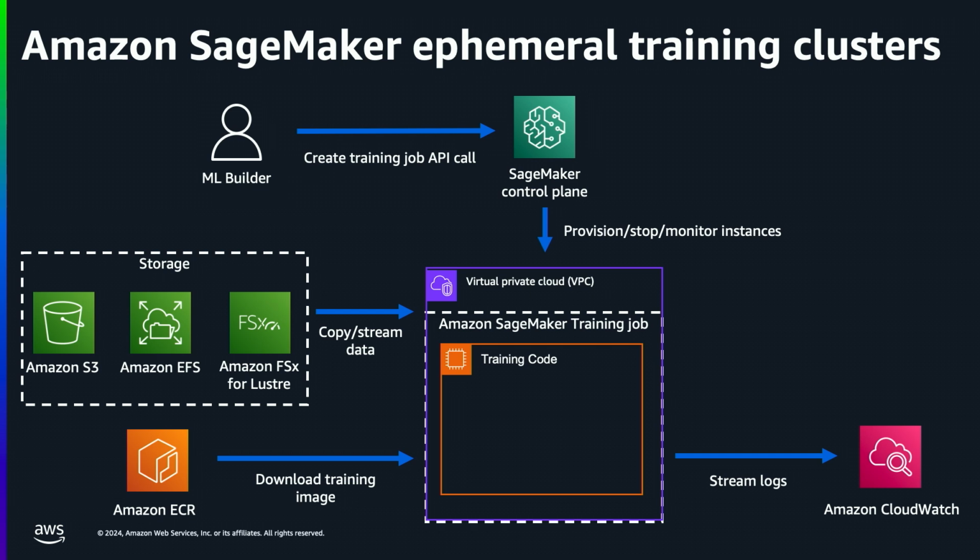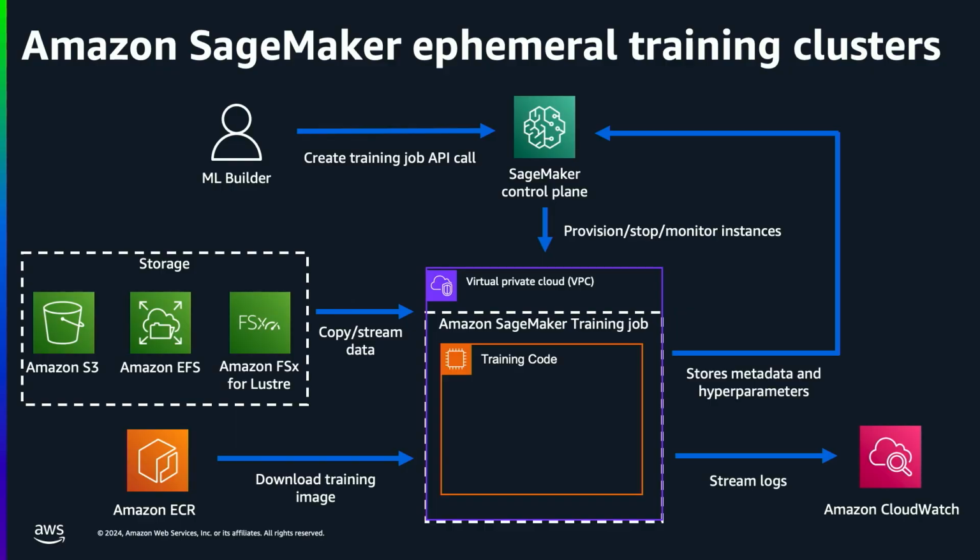We also set up a log stream out to CloudWatch. Once the instances and the image have been initialized, we'll start streaming the logs to CloudWatch, and you can view all of the action as it's happening. We'll store the metadata and the hyperparameters in the SageMaker control plane, both in the console and in Studio, so that you can view all of the activity and hold on to the assets and the artifacts as you're experimenting.